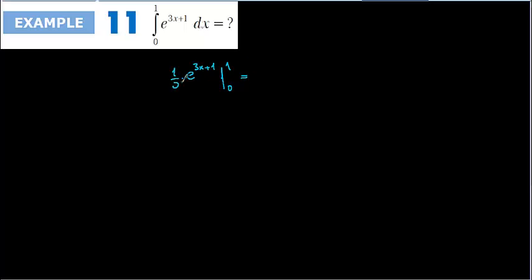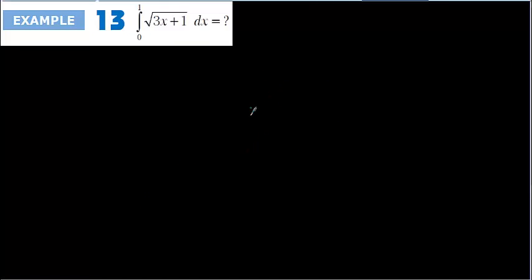It's going to be 1 over 3 times e to the power of 3 times 1 plus 1, minus 1 over 3 times e to the power of 3 times 0 plus 1. That's equal to 1 over 3 times e to the power of 4 minus 1 over 3 times e to the power of 1. The answer is going to be e to the power of 4 minus e, all over 3.